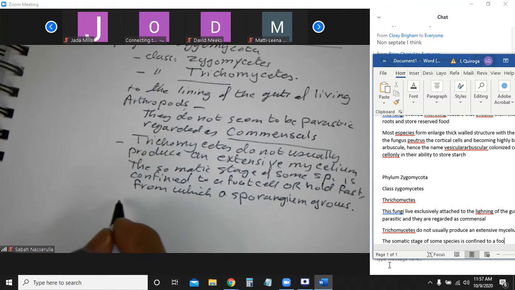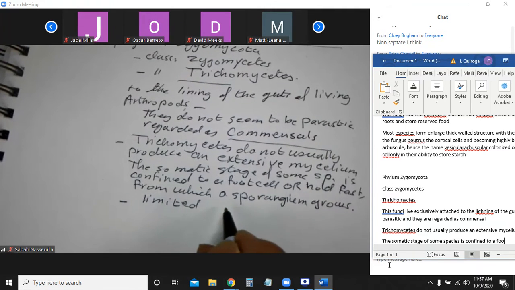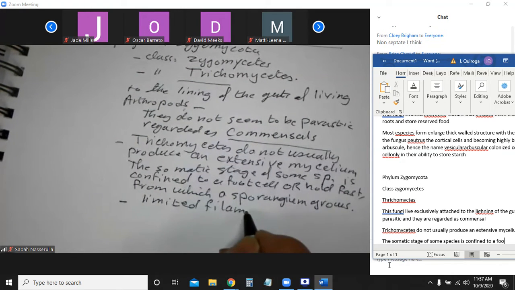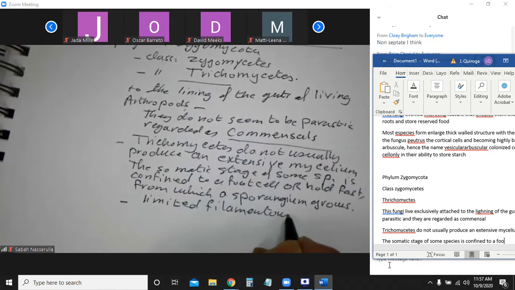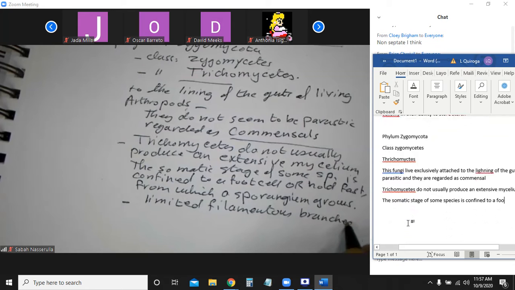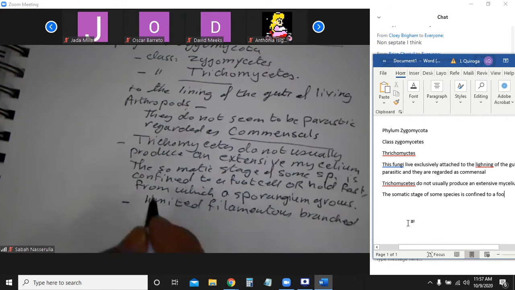As I mentioned to you also, they have limited filamentous branches, or sometimes they have unbranched mycelium.